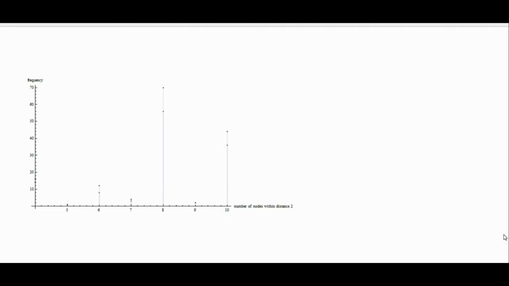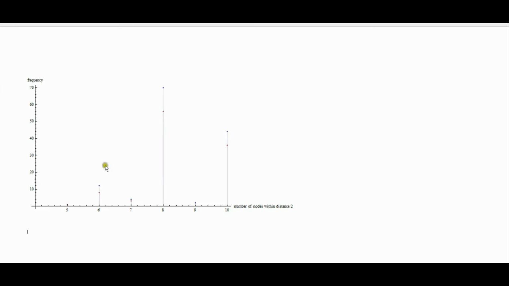And we found, for example, in this case here, this purple point on the 8, we found that the number of vertices which have 8 nodes within distance 2 within that structure, the smaller structure I showed you, which was the structure induced around the green dot, well, we found about 54 of the vertices in that structure had this property that there were 8 vertices within the two ball. So this is very similar to a degree distribution.